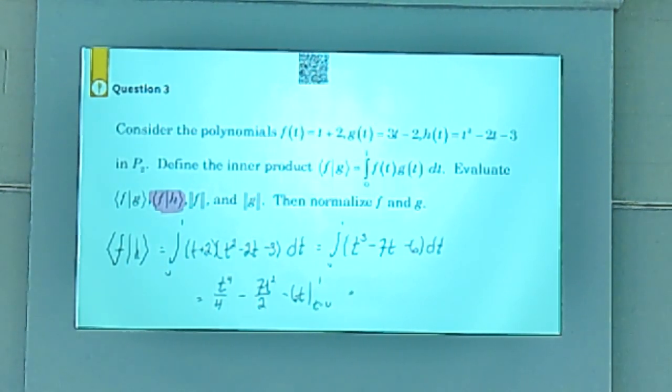Again, that is a really nice interval to evaluate over. A quarter minus 7 halves minus 6. So we want 1 minus 14, negative 13, minus 24, negative 37.